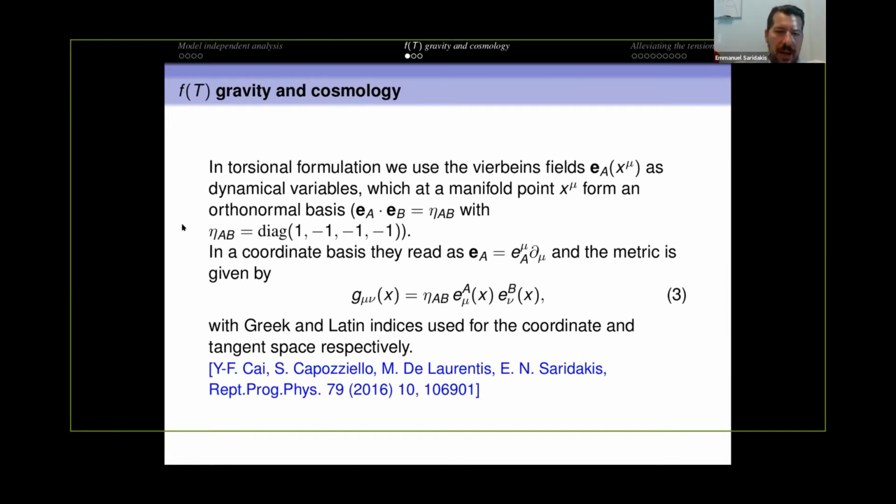Now, a little bit more technically, in this kind of theories, we are using the tetrad fields, which are the orthonormal fields that form the basis on the tangent space. And the tetrads are related to the metric, the usual coordinate metric of our manifold, through this expression. So these are the dynamical variables.